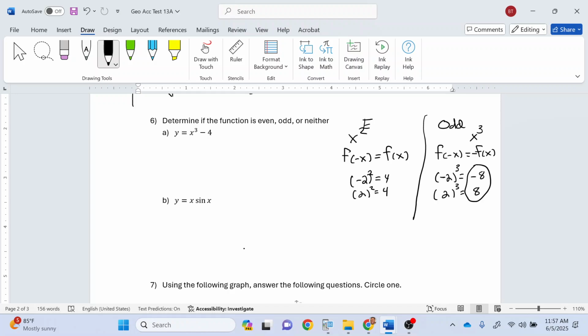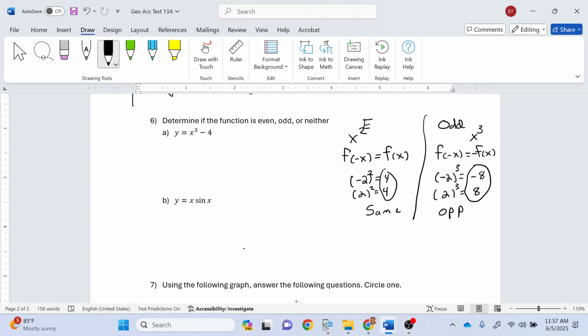So these answers are opposite by sign, while those answers are the same. Even means you have the same answer when you plug in negative and positive. And odd, you get opposite. Odd for opposite answers.